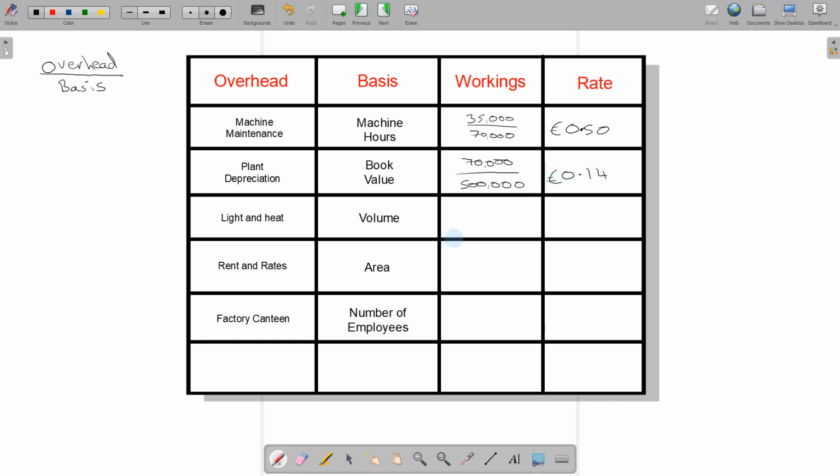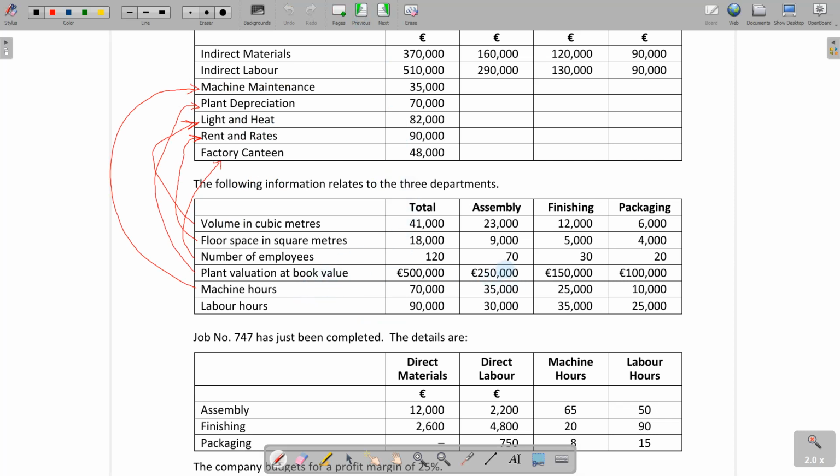Light and heat was 82,000 divided by 41,000, which is €2. So if we go back here again, let's say the 250,000 for the assembly, for every euro value of the plant of the assembly plant, we'll have to charge 14 cent as an overhead every time we have a job, let's say.